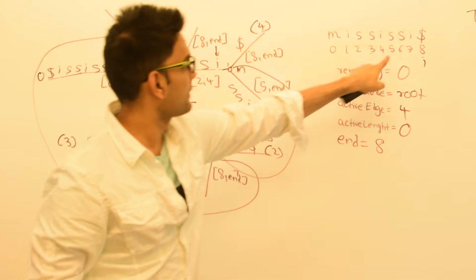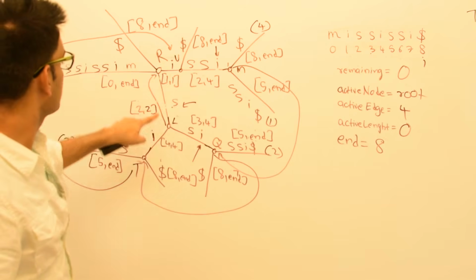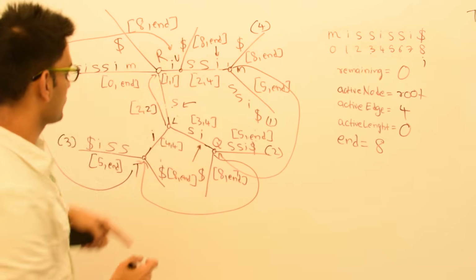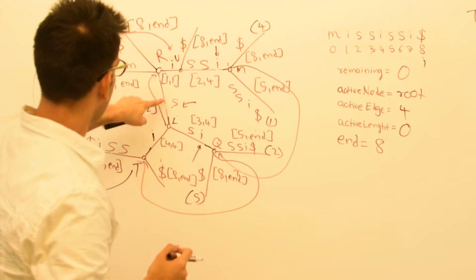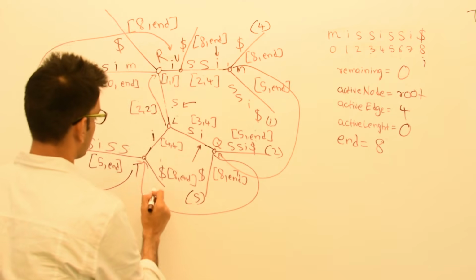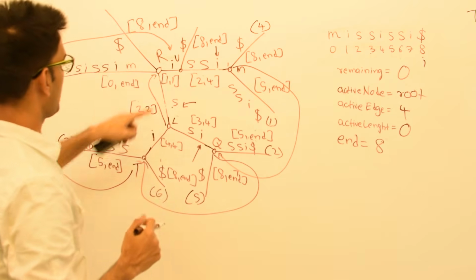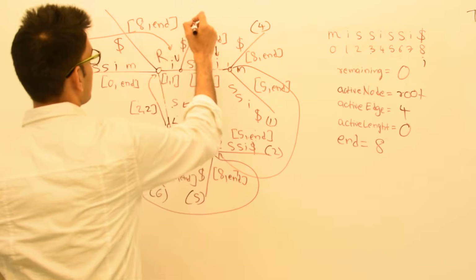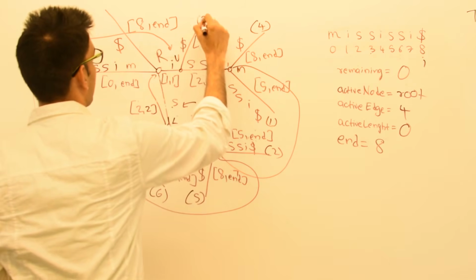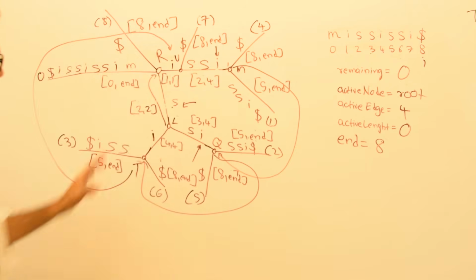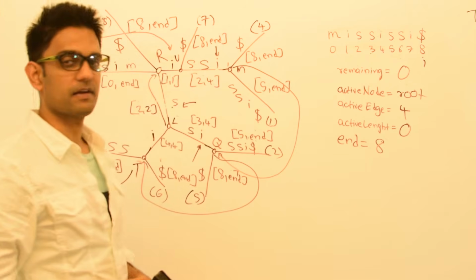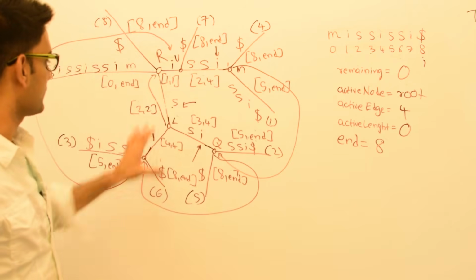Then for the guy after that, $. So this is 5. Then we have $. So this is 6. And then we have $. So this is 7. And this is 8. Just $. So this is our suffix tree with the index of all the suffixes in this tree.